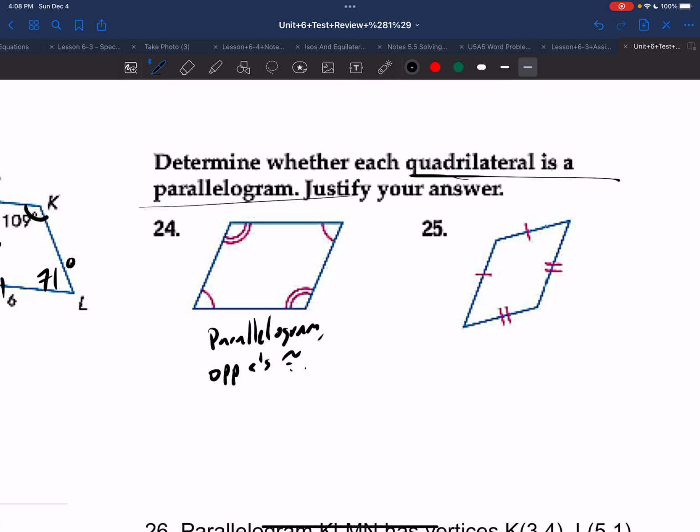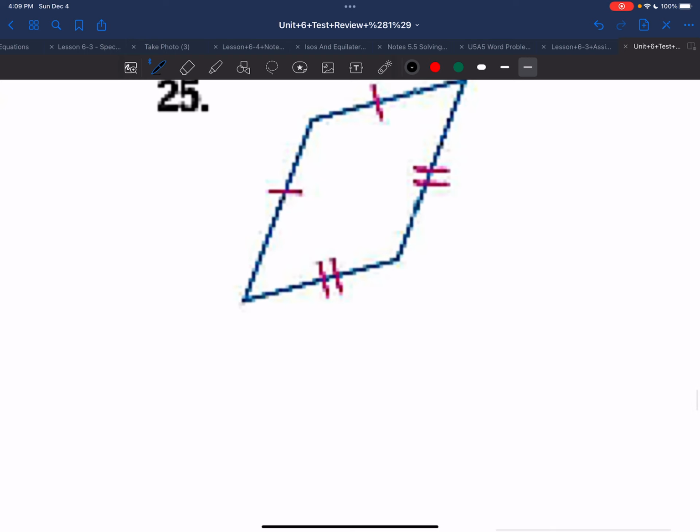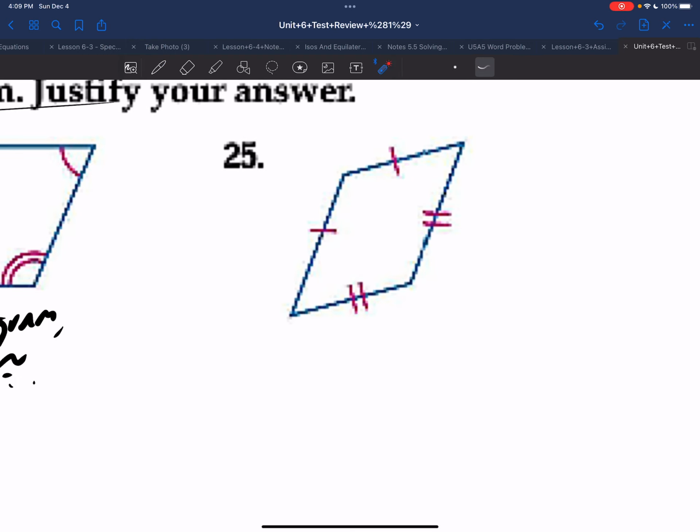Number 25, let's take a look at it. Is this quadrilateral, a four-sided figure, a parallelogram? Well, remember, with a parallelogram, 1, opposite angles got to be congruent. 2, opposite sides must be parallel. And 3, opposite sides got to be congruent. So if I take a look at this, don't be fooled. There's only one tick mark here and 2 tick marks there.